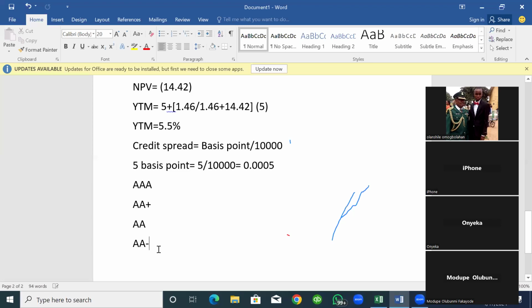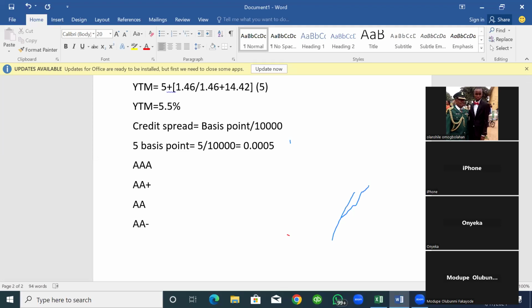Okay, so let's write this question down. Modupe Limited is a major player in the aviation industry with a credit rating of AA.